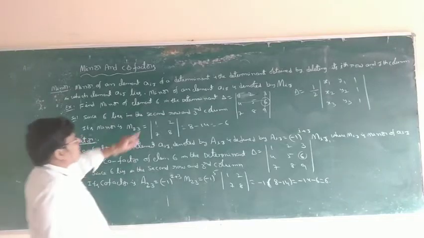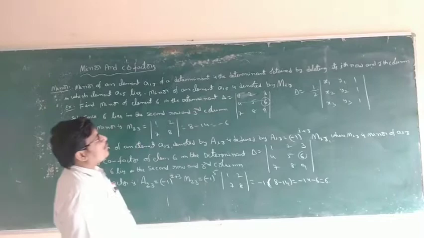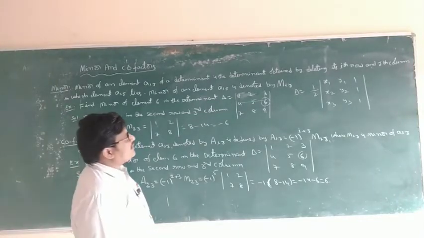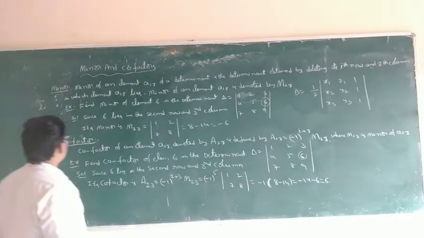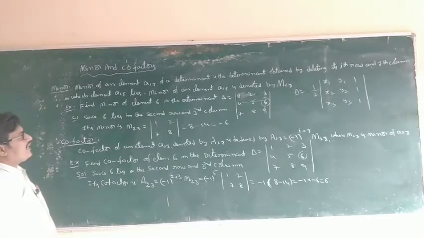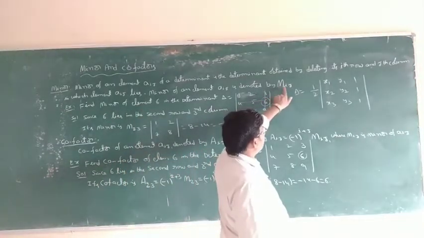The minor of an element aij of a determinant is the determinant obtained by deleting its ith row and jth column in which element aij lies. Minor of an element aij is denoted by capital Mij.